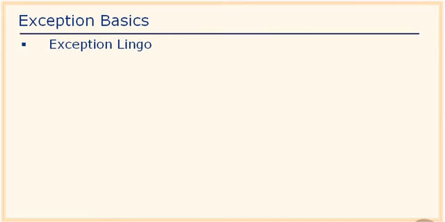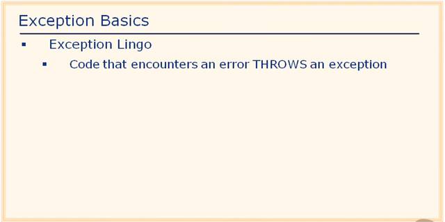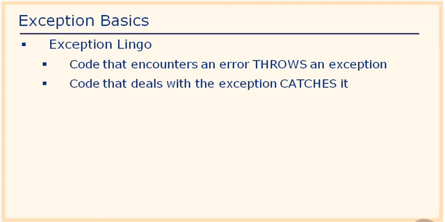Now let me give you a little lingo or terminology that you're going to see concerning exceptions, and you just need to be aware of these. First of all, the code that encounters an error is going to throw an exception. It's going to raise an error, but in these terminologies you normally hear that we're going to throw an exception. We can manually throw an exception. I'll show you that later on in the examples.